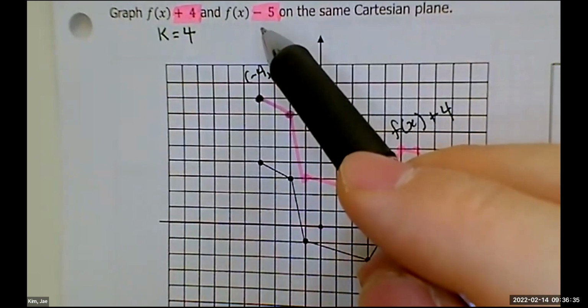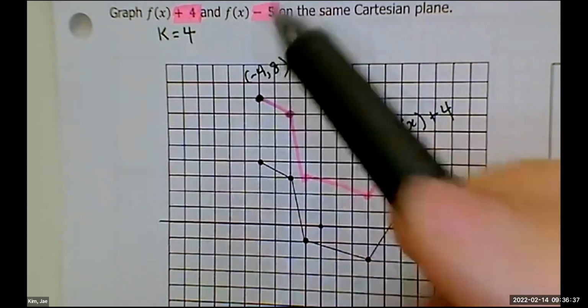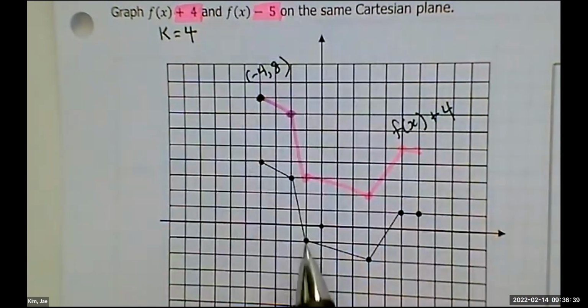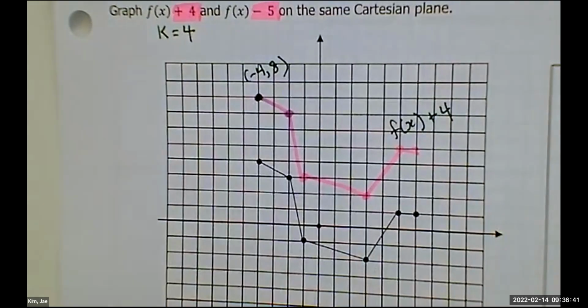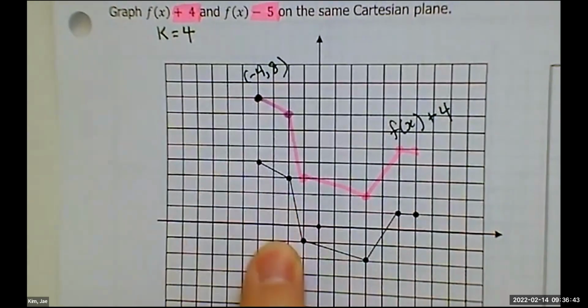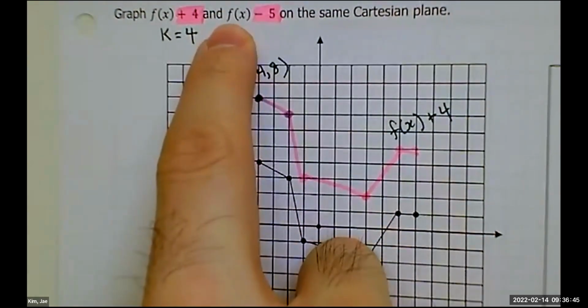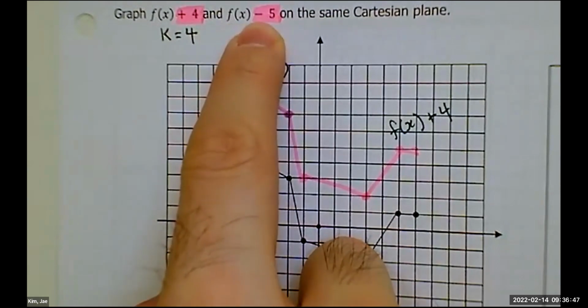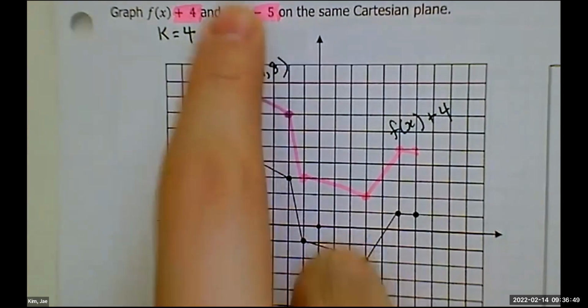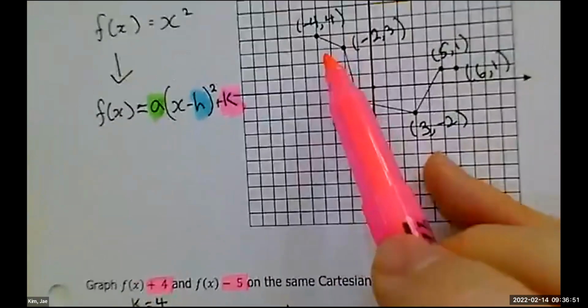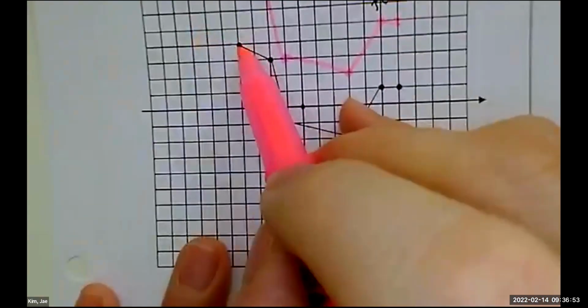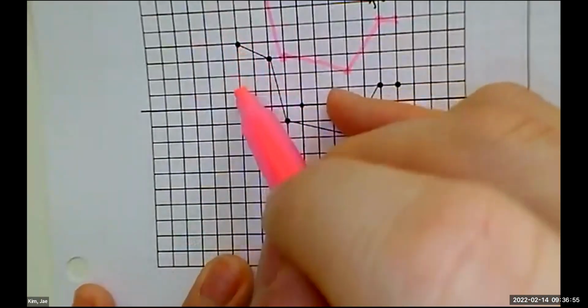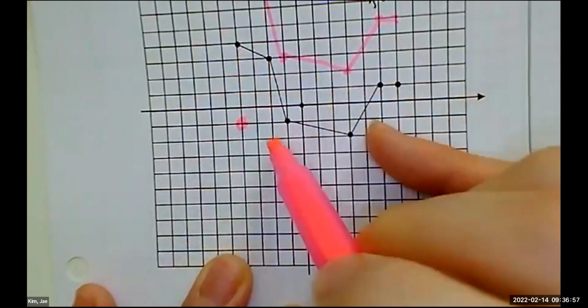Okay. Yeah. So this function is the dark line, right? Take every single point from this dark line, which is f of x, and go down by 5. So my first point, remember, it used to be -4, 4. This is -4, 4. 1, 2, 3, 4, 5.